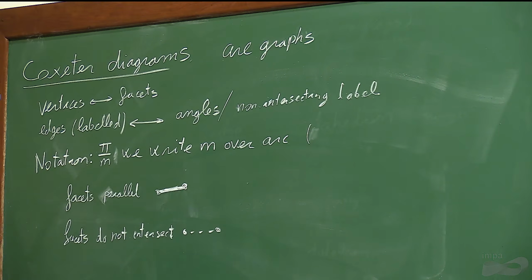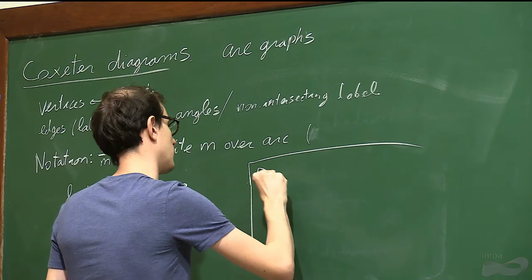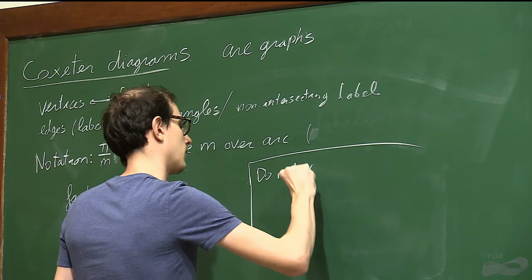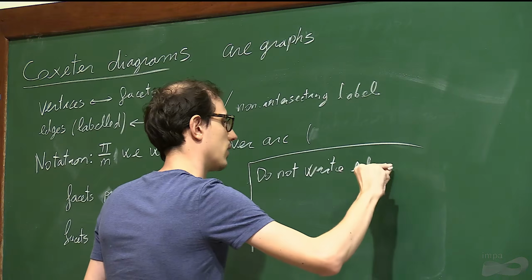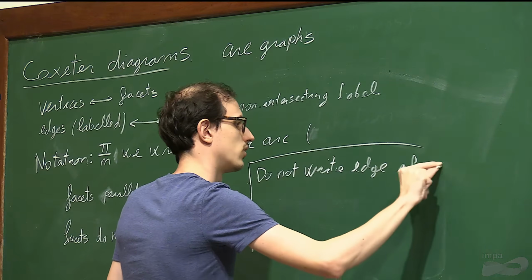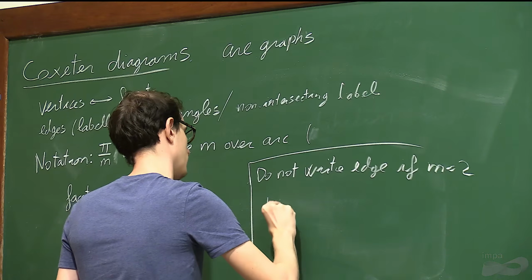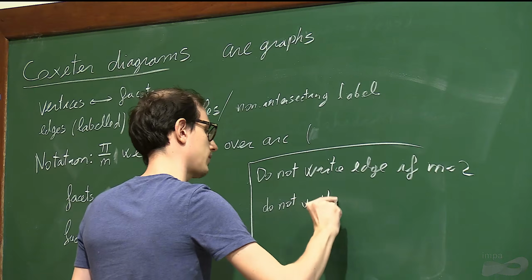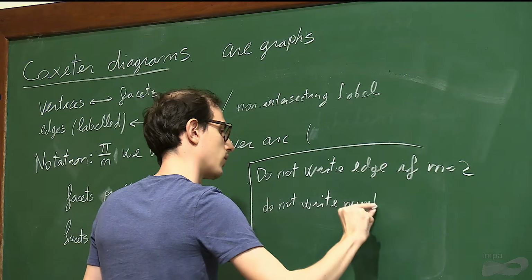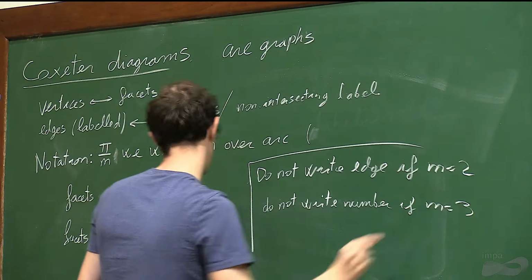And also, just to complicate things, we do not write the edge at all if m is 2. And we usually do not write the number if m is 3.